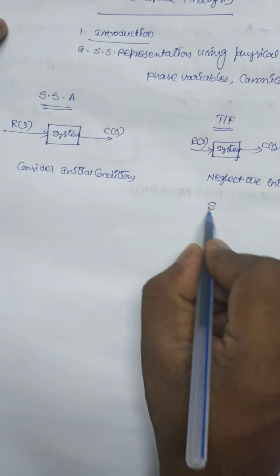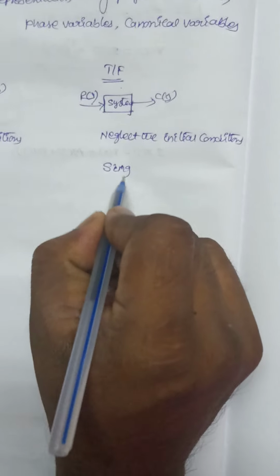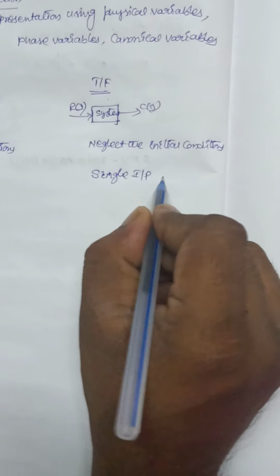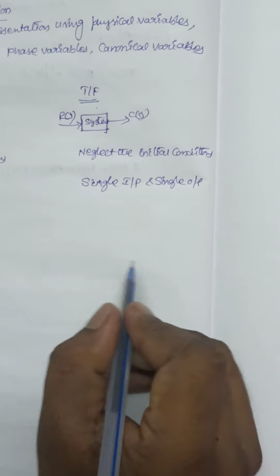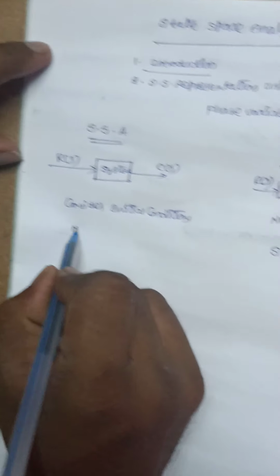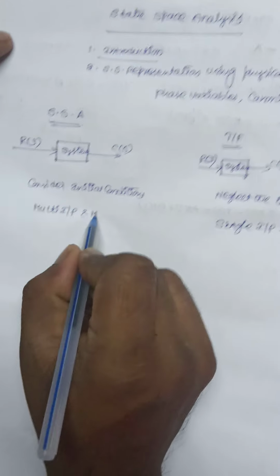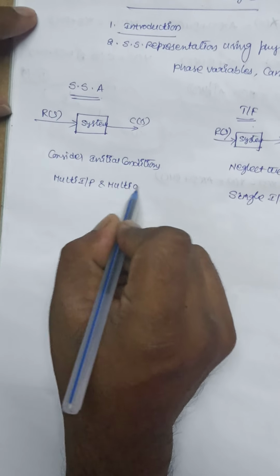The transfer function model is used for single input and single output systems, but state space analysis is used for multi input and multi output systems.